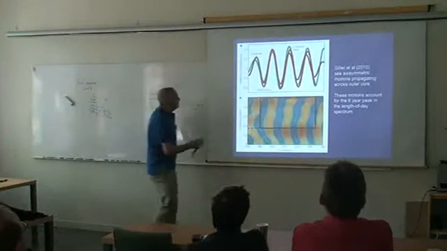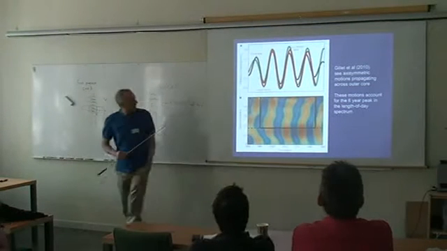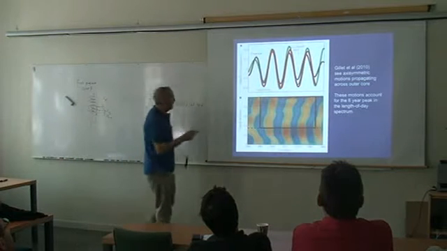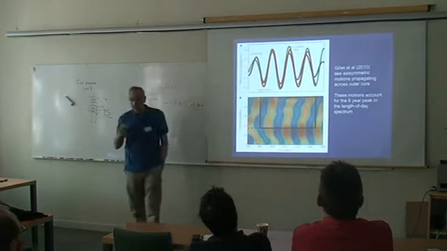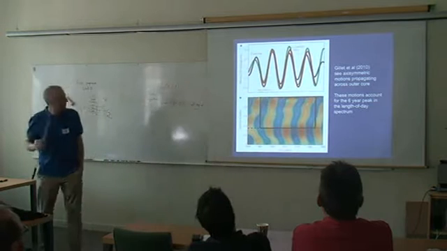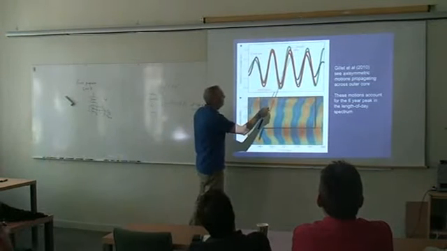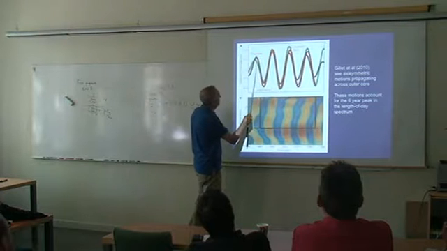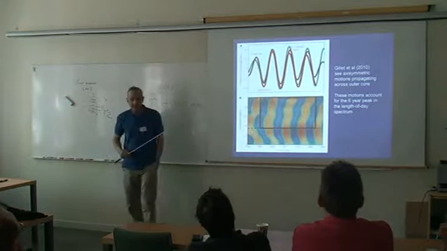And in green, we have the length of day in milliseconds as observed astronomically. In black we have the angular momentum predicted by these observations.